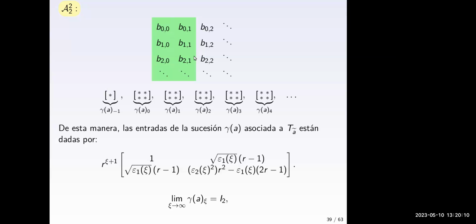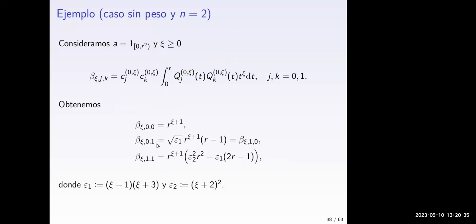In the zero diagonal, we have this. As you can see, we will have this sequence of square matrices corresponding to different frequencies, and the entries of this matrix will be given by this expression here.